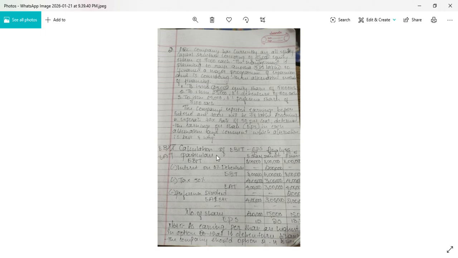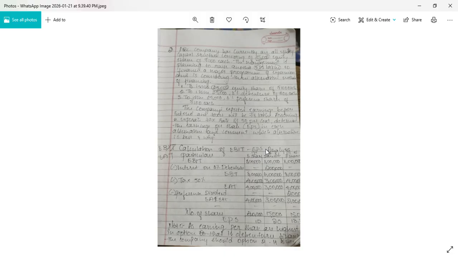From EBIT, we have to deduct interest. So interest will be always calculated on debentures. In the problem, they have given in the second option 25,000 8% debentures of rupees 100 each, which means 8% debentures present in second alternative. So whenever we are calculating interest on debentures, we have to keep in our mind interest will be charged only for debentures, not for equity shareholders and not for preference shareholders.